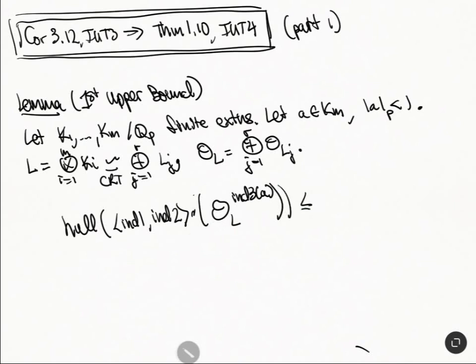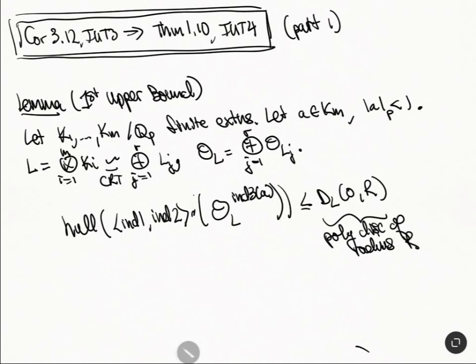It is less than or equal to D_L 0 R, a polydisk with an explicit radius R. We want to describe what this radius is.